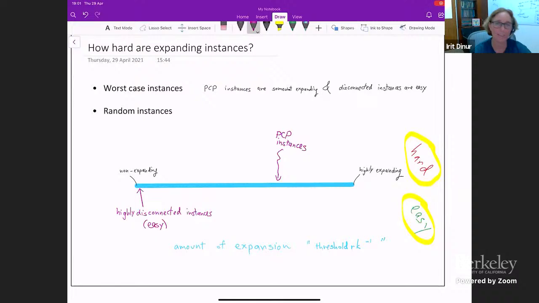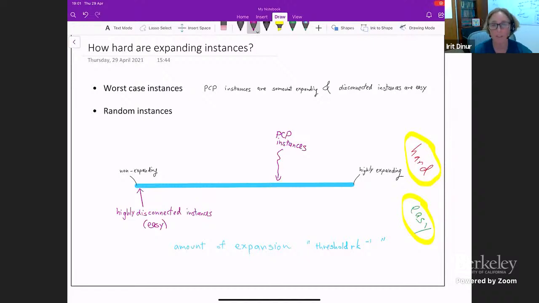It doesn't even have to be completely disconnected. As long as you can partition your graph into many small parts with few crossing edges, you'll be able to give a decent approximation to the value of this instance. So that's the simple things that we know.